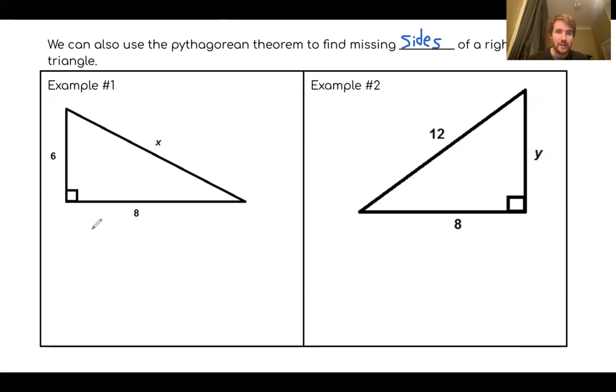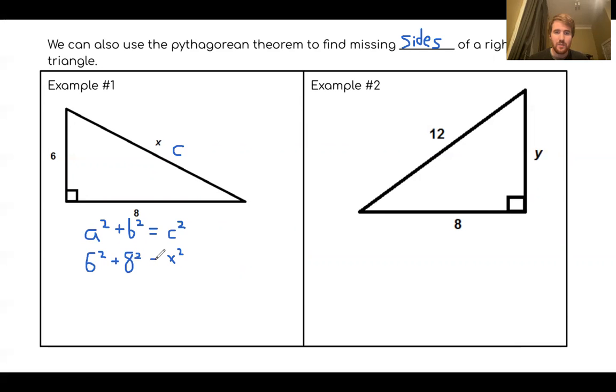So in this case, we'll again write the theorem a squared plus b squared equals c squared. Remember, c is the hypotenuse, it's the longest side. In this case, c is x. So instead of c, we'll just put x. A squared plus b squared equals x squared. A, it doesn't matter which one. We'll say 6 is a, plus b will be the other one, 8.